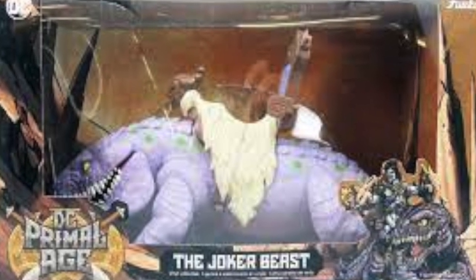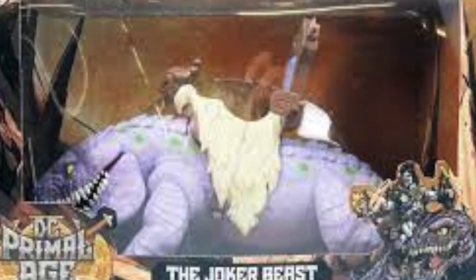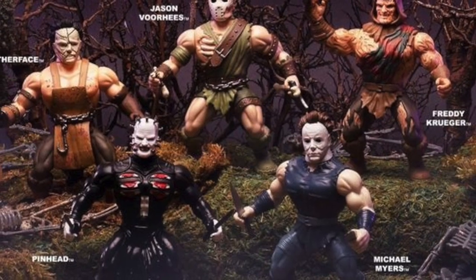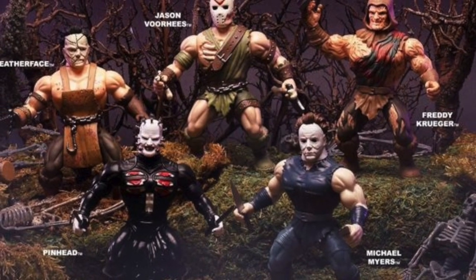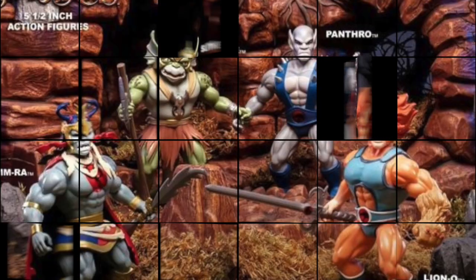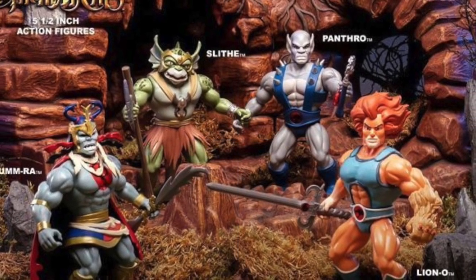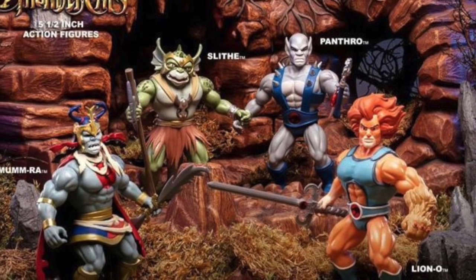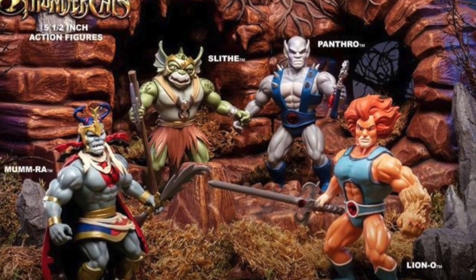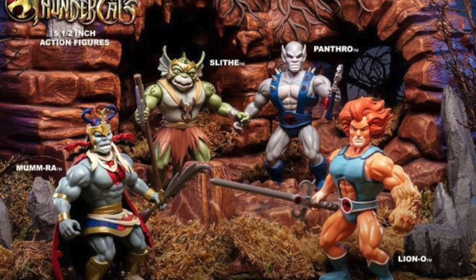Primal Age even did castles and ride-on beasts, which followed suit to the total rollout of SKUs. Funko was able to take this form factor, the hunched-over muscular body, and apply it to a lot of different IP. In this case, you have Thundercats reimagined as the muscular form factor that was started with Masters of the Universe.